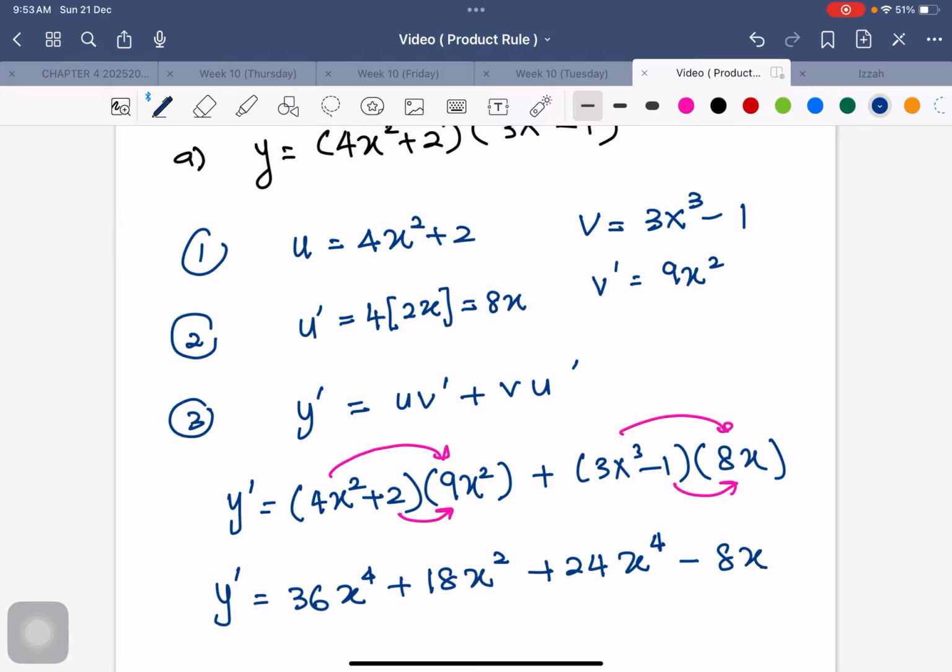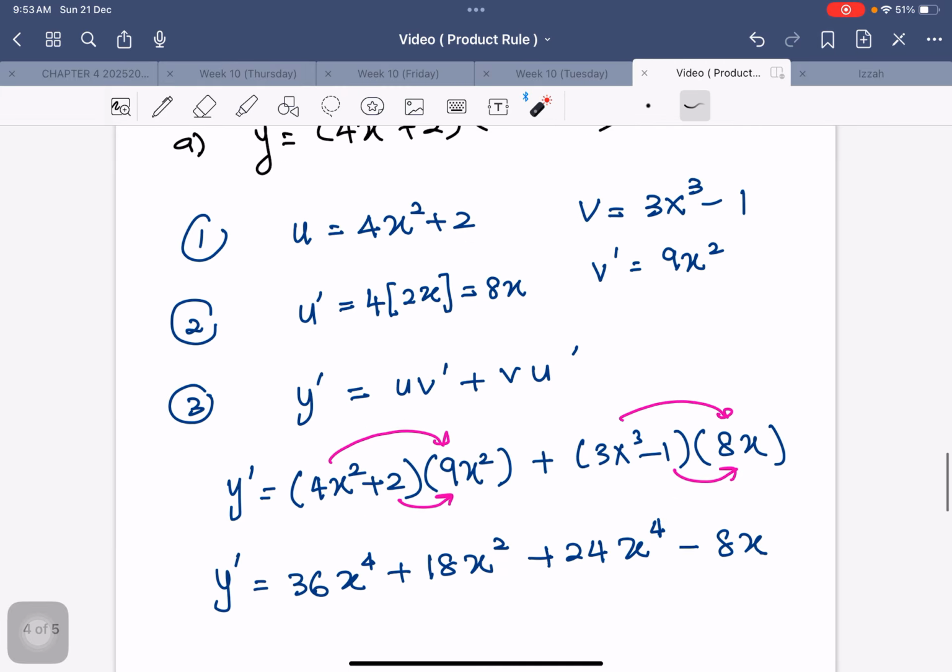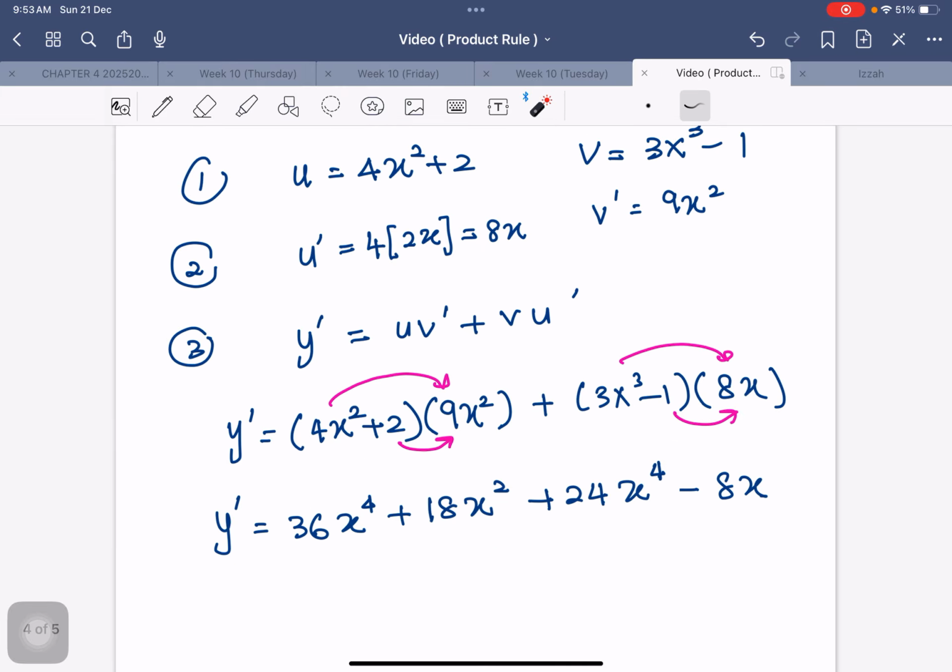Okay, kenapa dekat sini kuasa 4? Sebab ni kuasa 3, ni kuasa 1 kan. So x multiply by x, so power ni kita tambah, so dapat 4. Can we still simplify? So kita tengok ada tak term yang sama. Okay, apa tu term yang sama? So you tengok kat sini. So this is x power 4. So ada lagi tak x power 4?